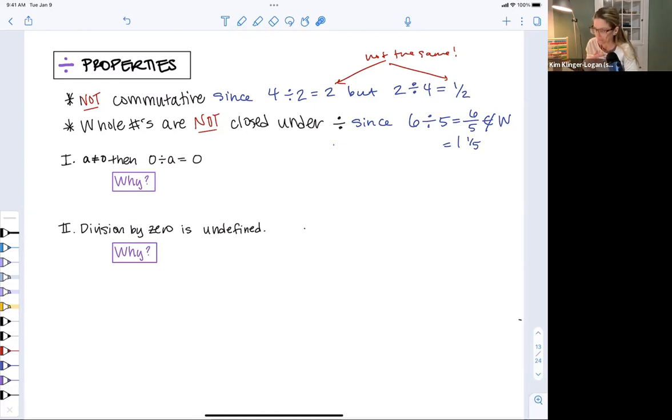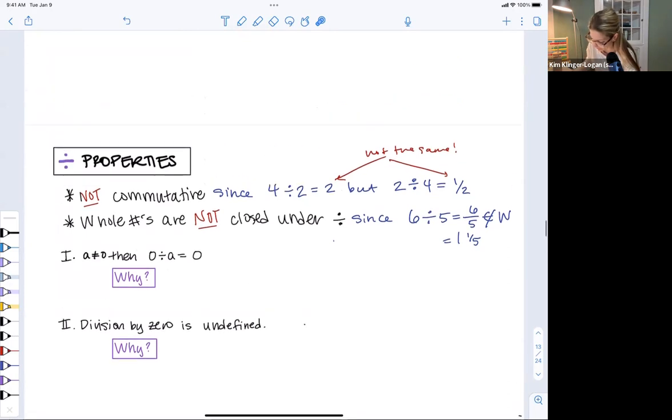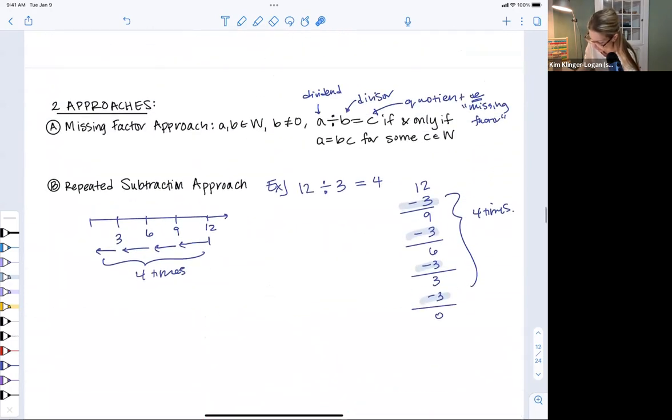And so an example of direct reasoning. In order to see why this is true, I think it is really helpful to use this missing factor approach to division.